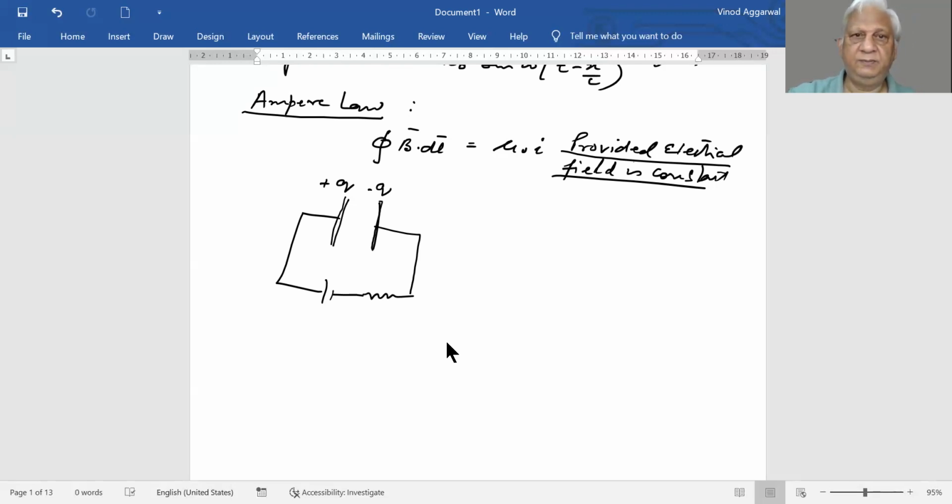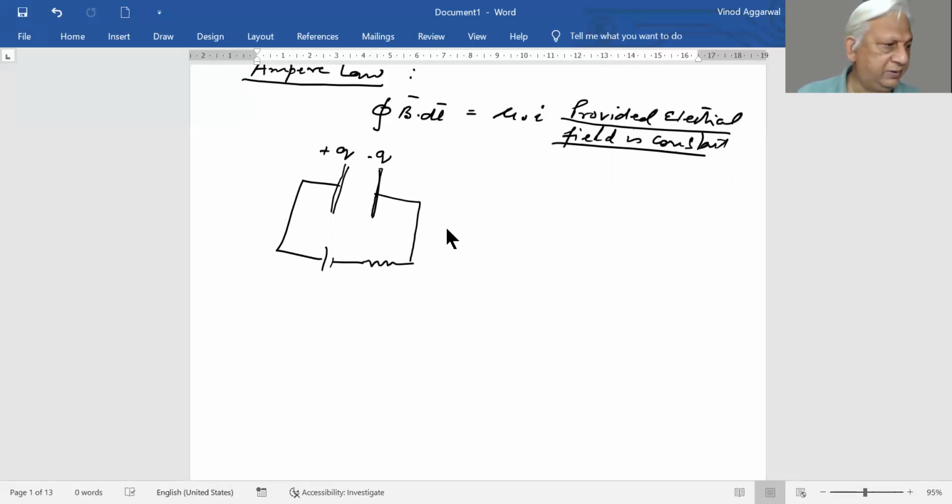It keeps increasing. And there are many examples wherein you will find that while you can apply this formula, Ampere's law, the field may not be constant. So what do you do?